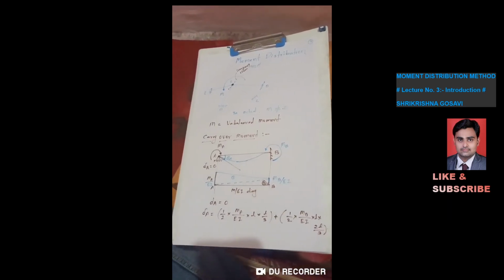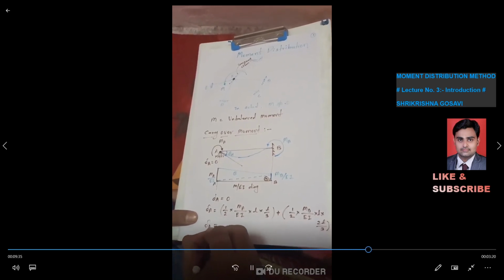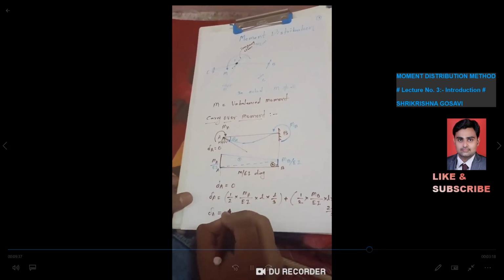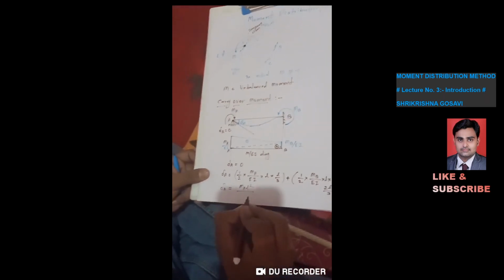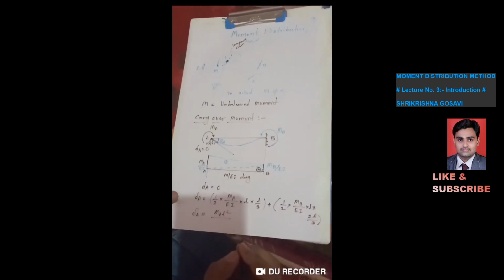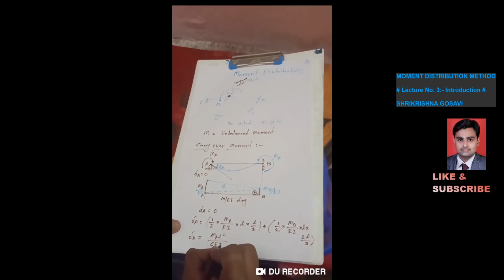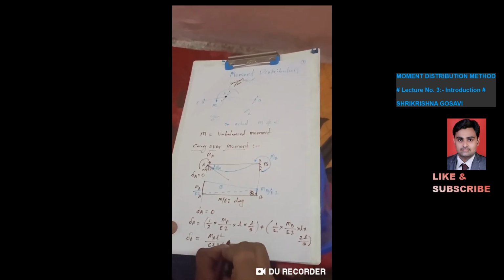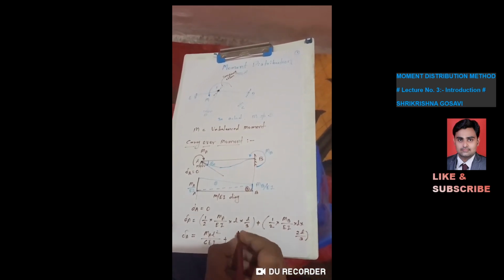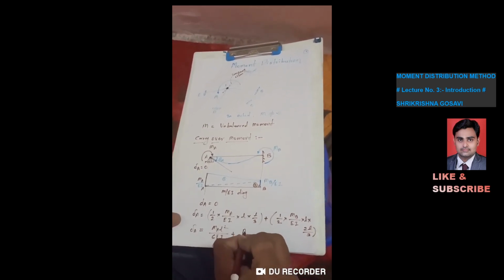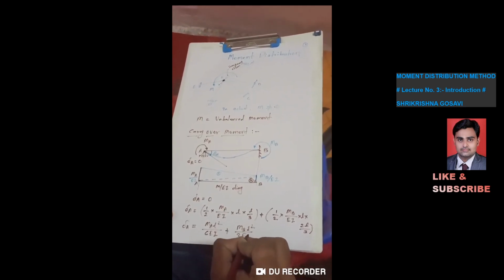If you further simplify this, then delta A is equal to MA L square divided by 6EI plus, if you simplify this, this 2 will get cancelled, and here it is MB L square upon 3EI.